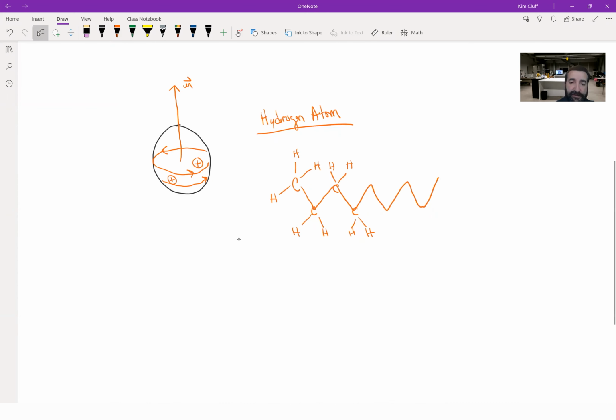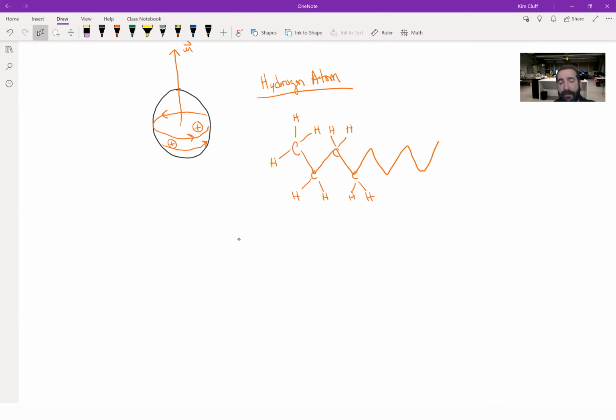So you might ask, if I have small magnetic fields in my body, how come we are not magnetic? How come we don't attract metal? The answer is because all these little magnetic fields are randomly oriented inside of our body.